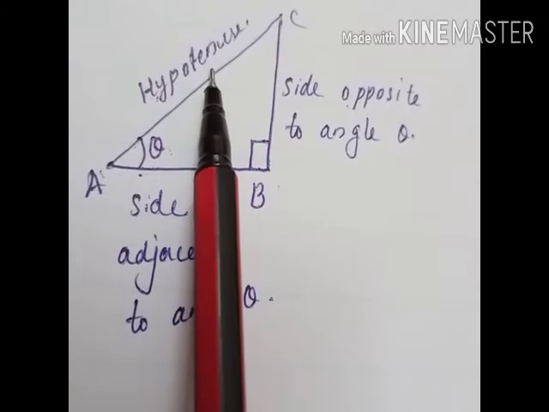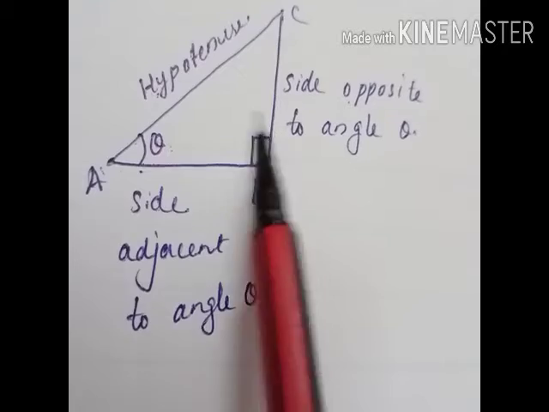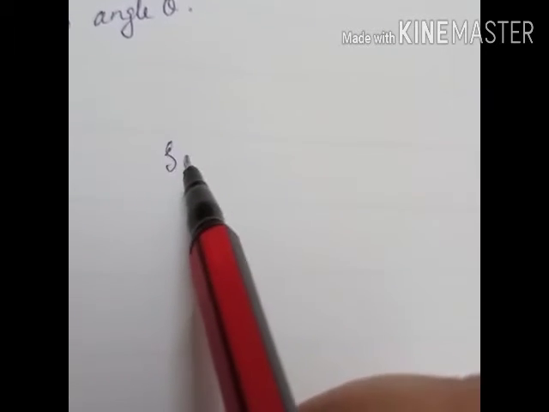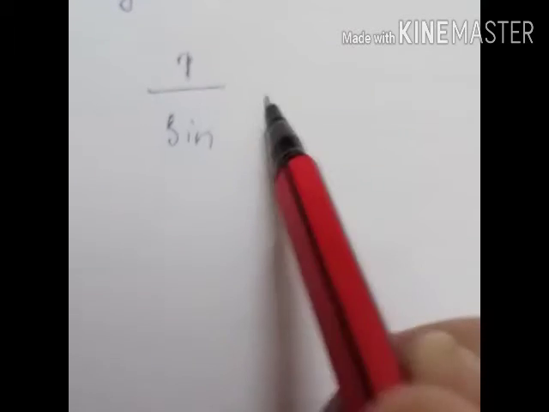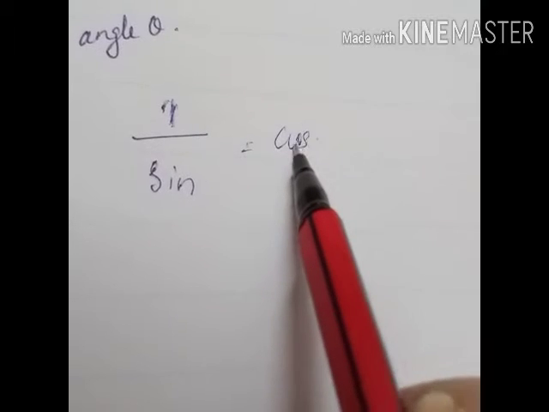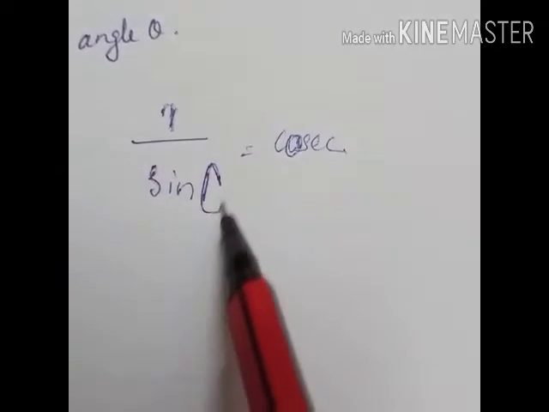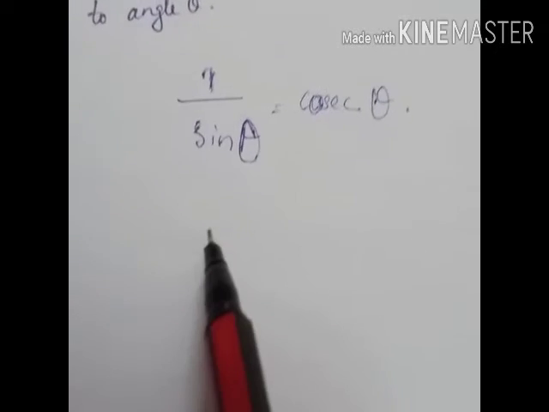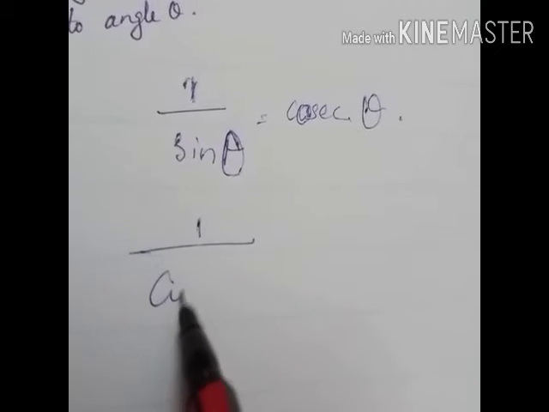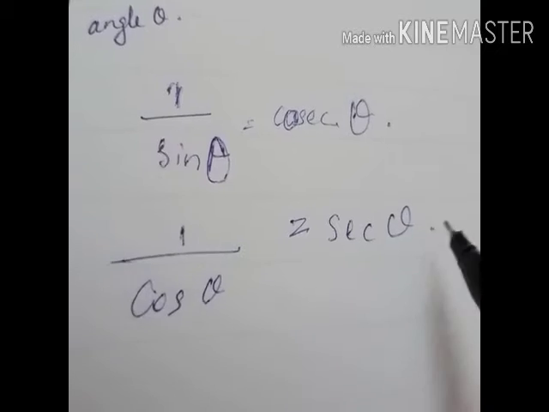So we already discussed the relation between sine and cosec. What is the relation? 1 by sin theta equals cosec theta. Then 1 by cos theta equals sec theta.